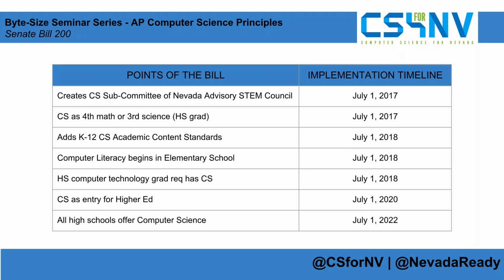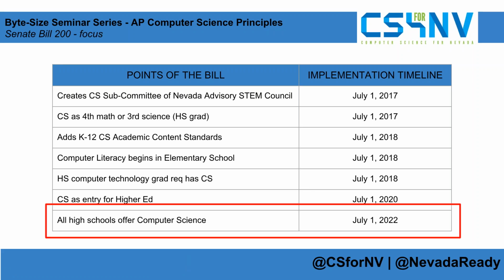We are current with everything that we had as far as implementation timelines up to date. The next one is 2020 with CS as entry for higher ed, and then 2022 for all high schools offering computer science. So just because that's the deadline doesn't mean we wait until that deadline. We're putting all these processes in place right now.